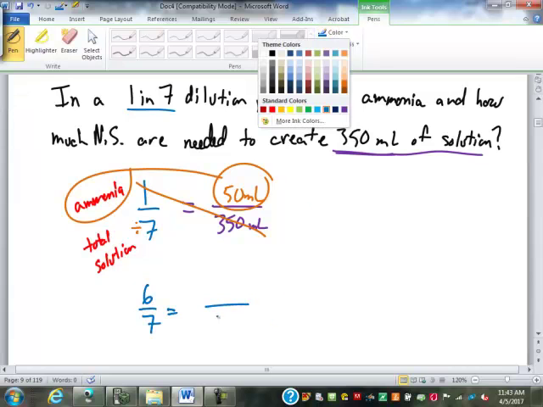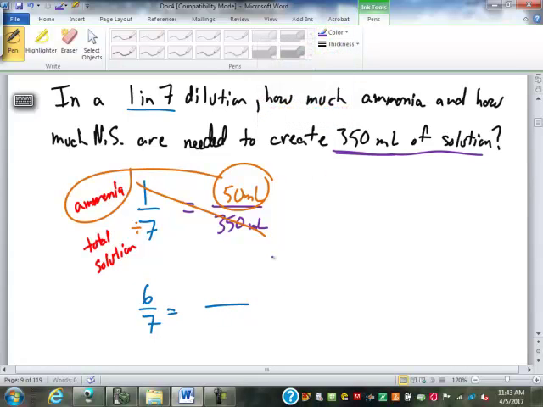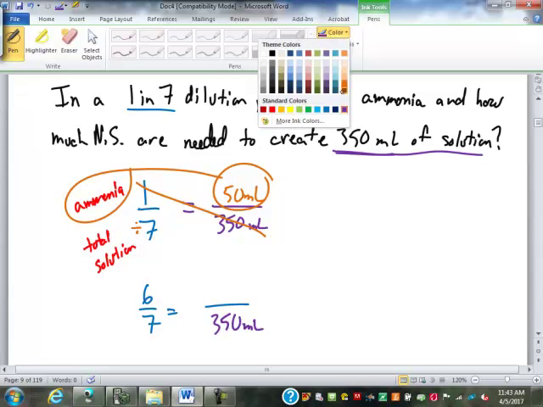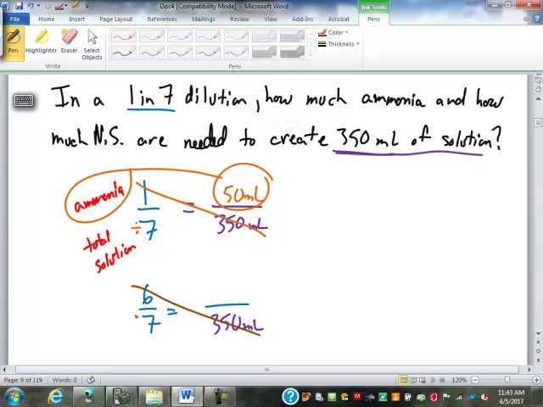Figure out how much that's going to be out of the total of 350. We cross multiply and divide there. 6 times 350 divided by 7 is going to be 300 milliliters. Or we could have just done 350 minus the 50 to get 300, but we now know that we need 50 milliliters of ammonia and 300 milliliters of sterile water, or NS.